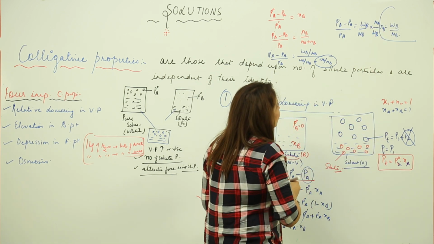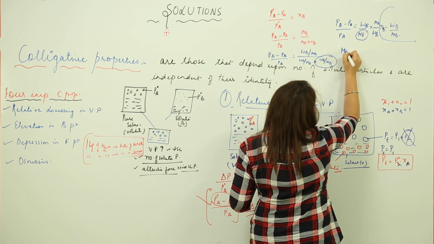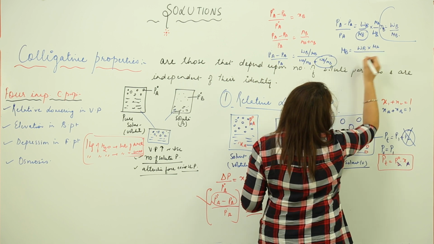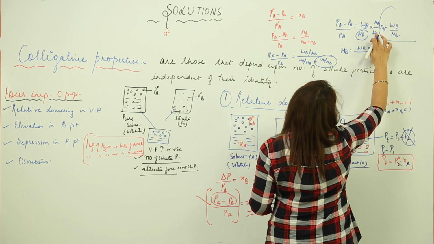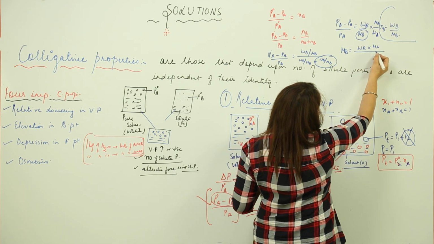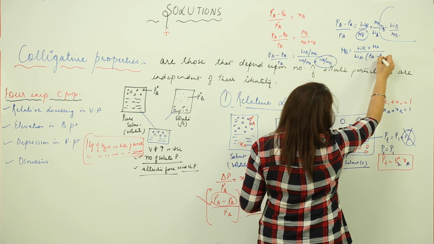So by using this formula we can calculate the molar mass of the solute. It becomes MB is equal to WB into MA.